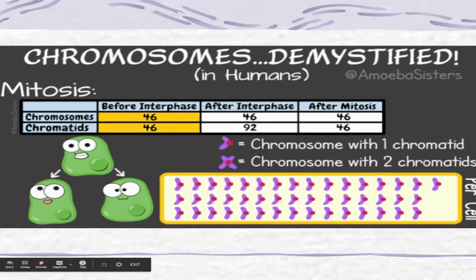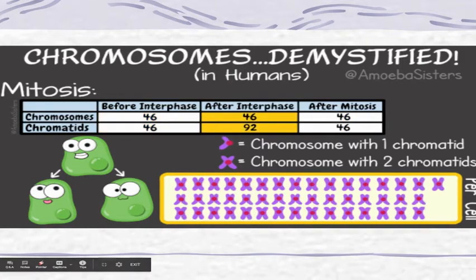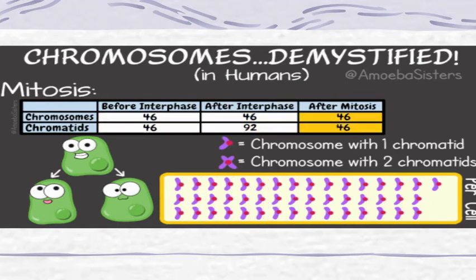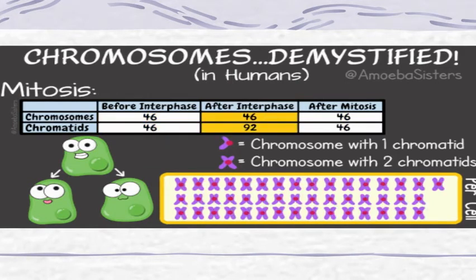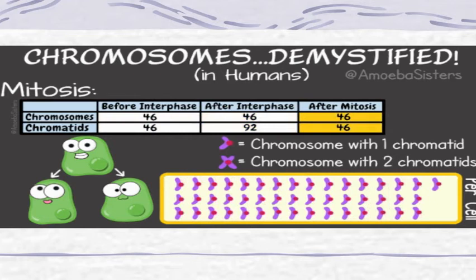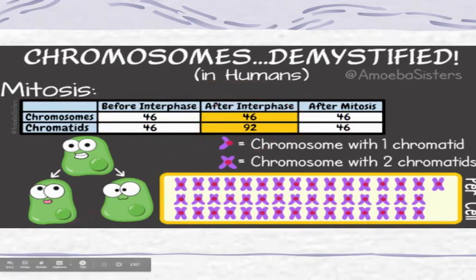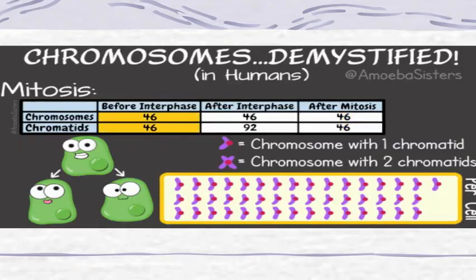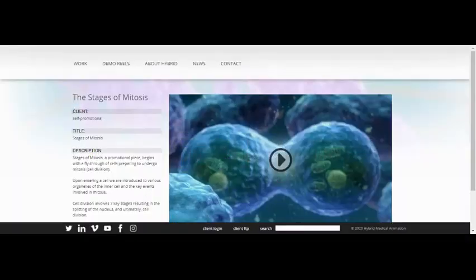This, once again, is just going through the chromosome number in mitosis, how we can start and end with 46 chromosomes. And that's because of that copying that happens during the S stage of interphase. This animation is a really good representation of the stages of mitosis.